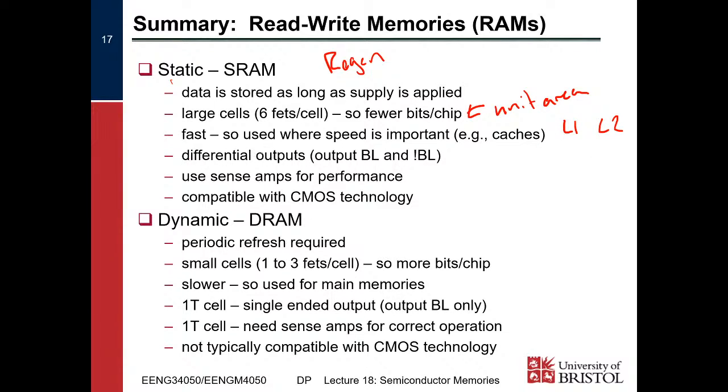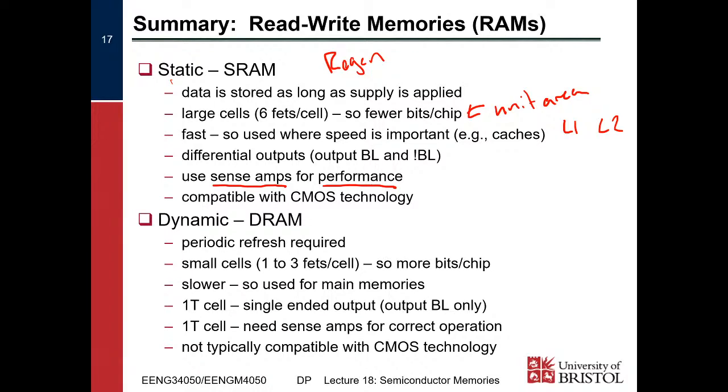You've got differential outputs, your BL and your inverted BL, meaning that they're more useful if you need the inverted value immediately afterwards. We only use the sense amplifiers for performance. We don't need the sense amplifiers. They can discharge or charge the output all the way.